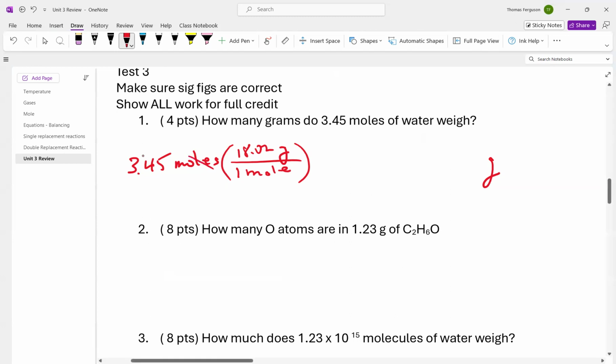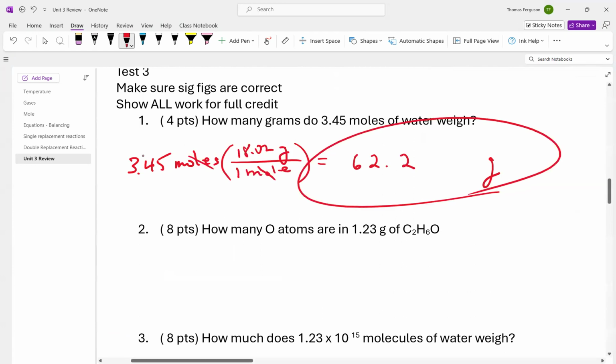Moles cancel. Now that's going to be the easiest problem on this test.